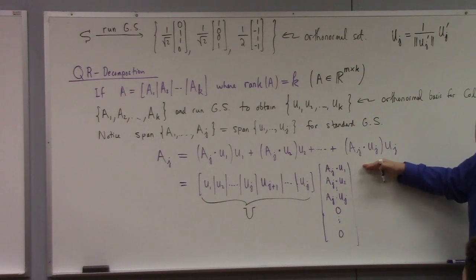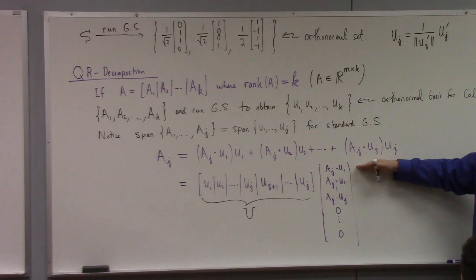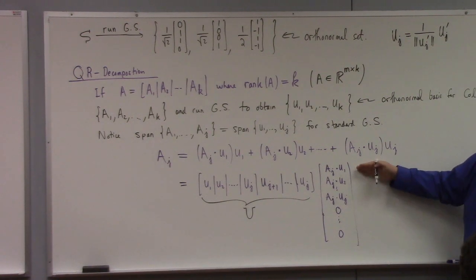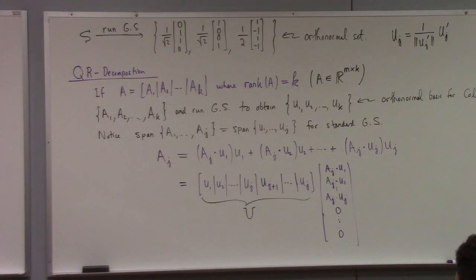For j equals 1, it's just non-zero at the top and everything else is 0 below. So it's just A1 dot U1, and then zeros. All right, that's my first column.